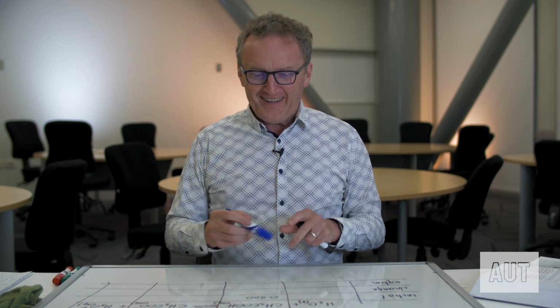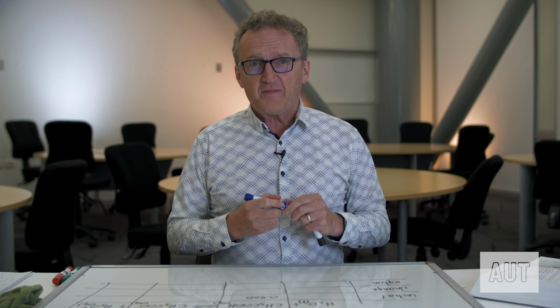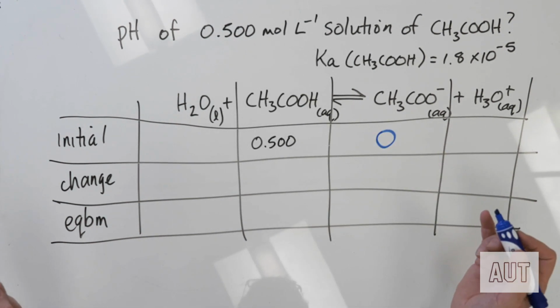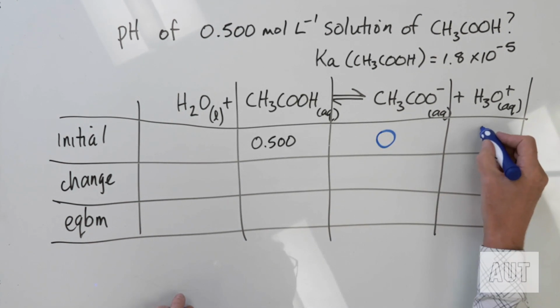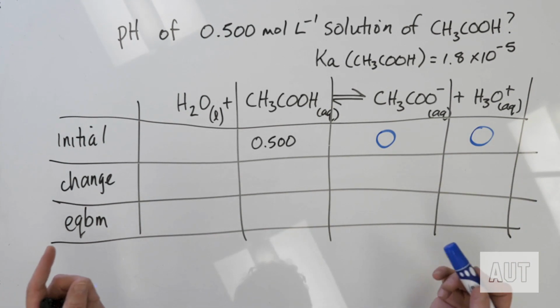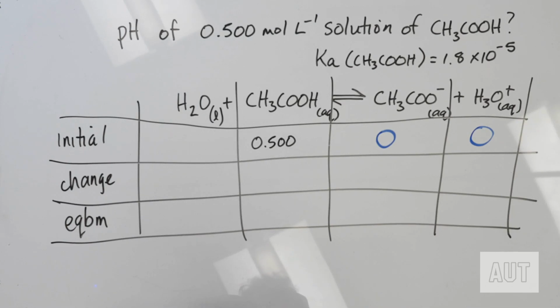We're told nothing else essentially to help us fill this out. So that's the data that we've been given, the datum indeed that we've been given. The initial concentration of acetate before any reaction has occurred must be 0, and we're going to assume that the initial concentration of H3O⁺ before any reaction has occurred is also 0. Okay.